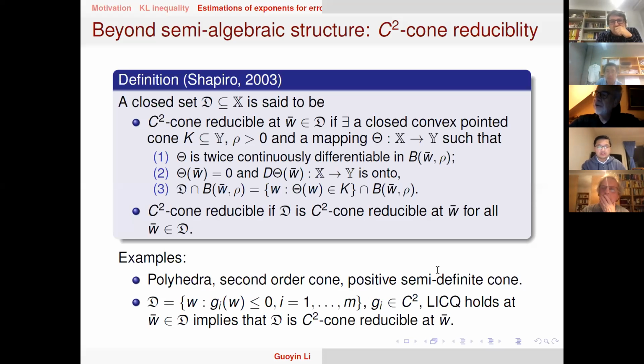If you manage to transfer, by your theory, some of the error bound estimates to KL with a certain exponent, and then apply it to the convergence rates, do you get an improvement, or do you get the same results as you would get directly with the error bound estimates?